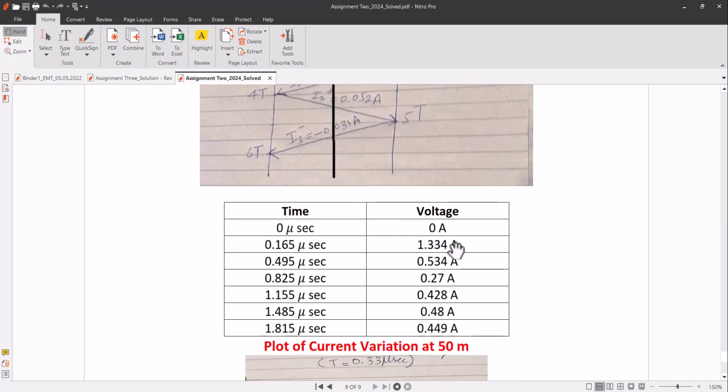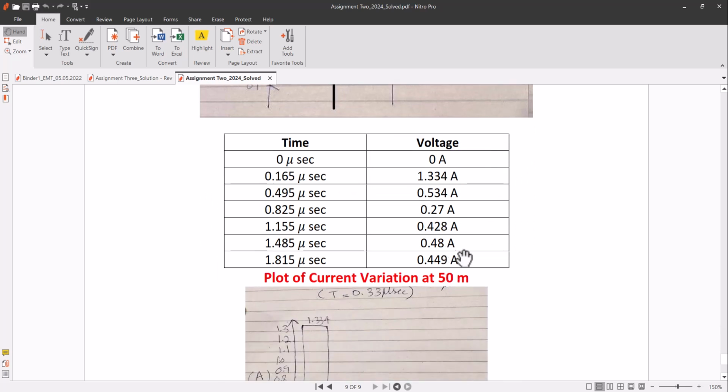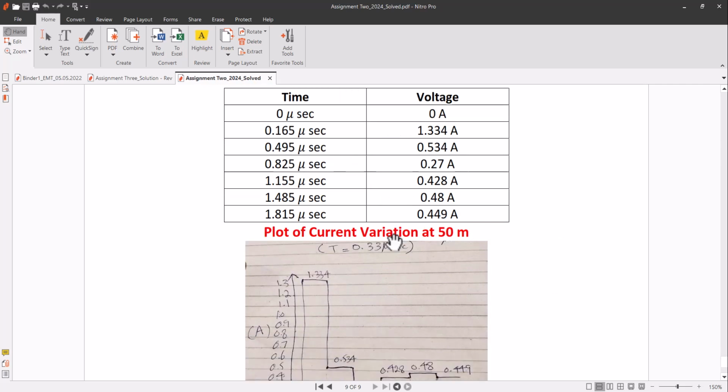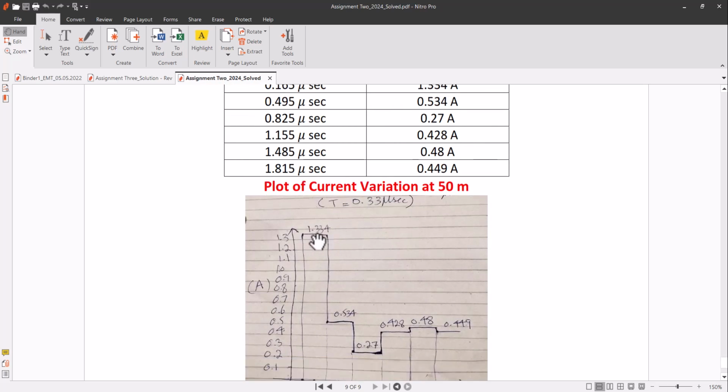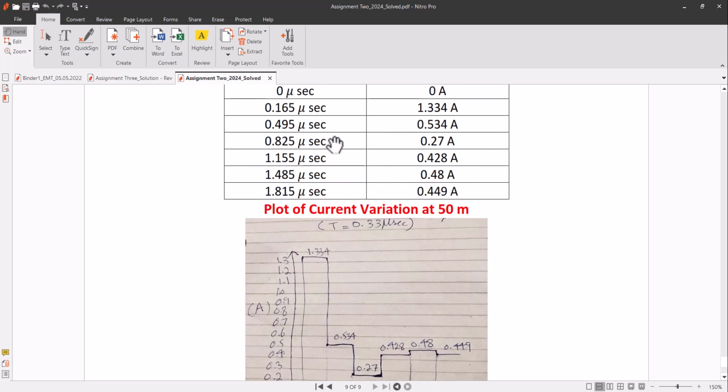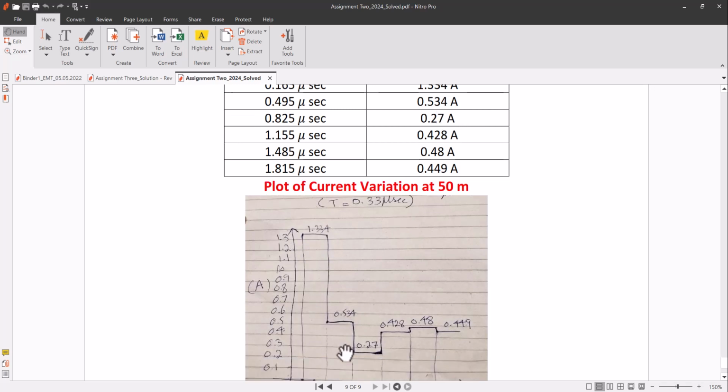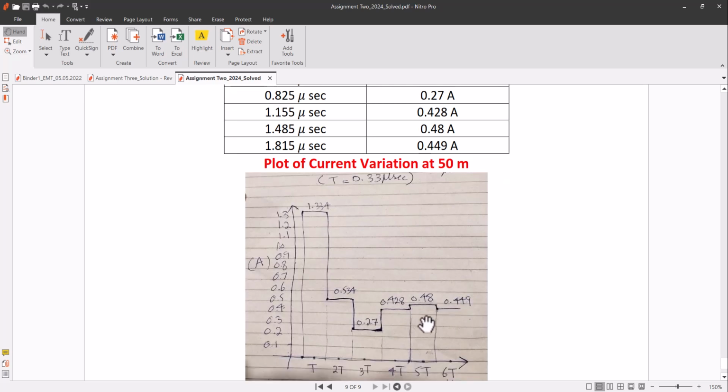So we get 1.334, 0.534, 0.27, 0.428, 0.48, 0.449. So this is how we get the table. At 0 we have 0 ampere, at 0.165 we have 1.334 ampere. After 1T we have 0.534, and after 1T we have 0.27, 0.428, 0.48, and 0.49, and now it is moving toward convergence.